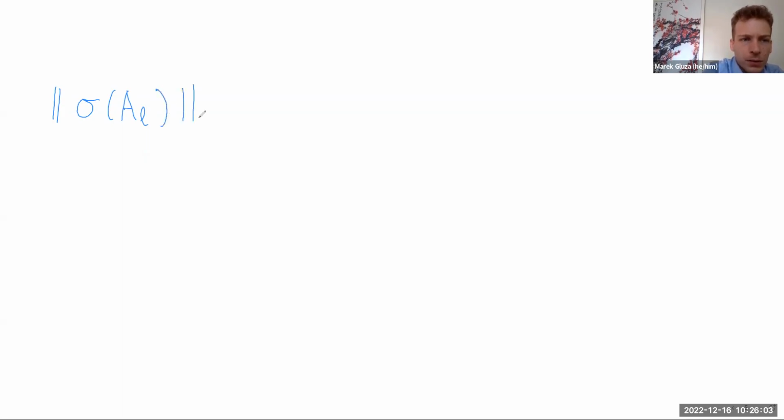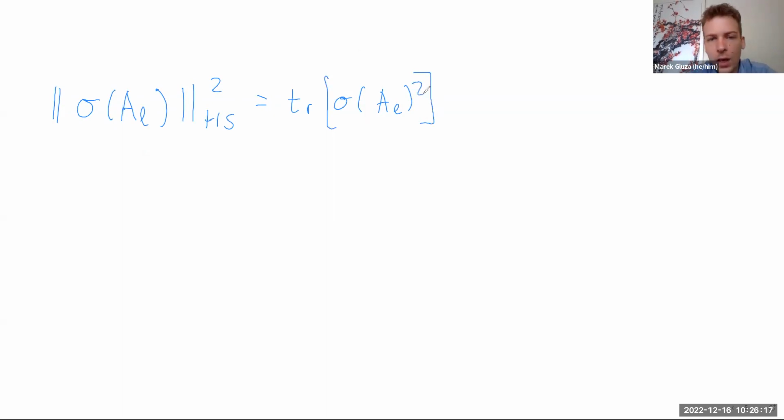HS. I will square it in my notation here, and I will consider the trace of the square of this observable, which is the evaluation of this Hilbert-Schmidt norm for the off-diagonal part of sigma.